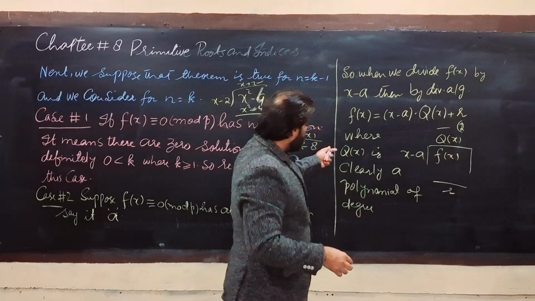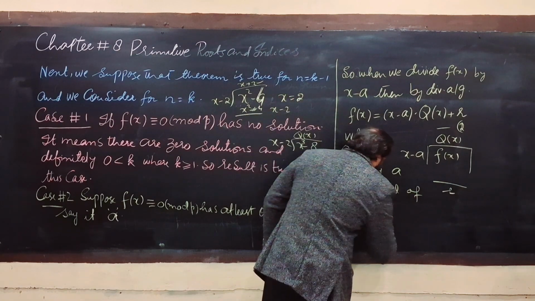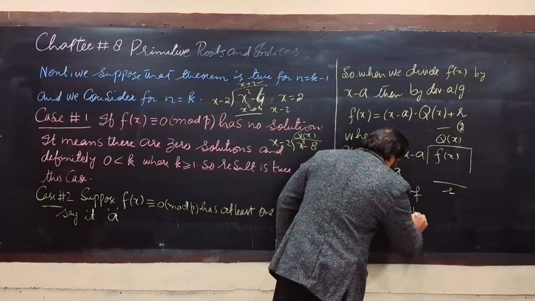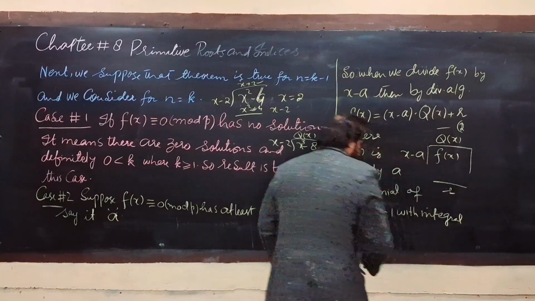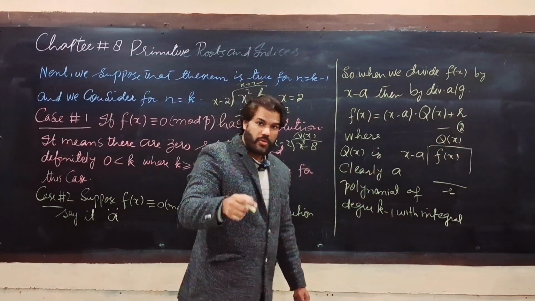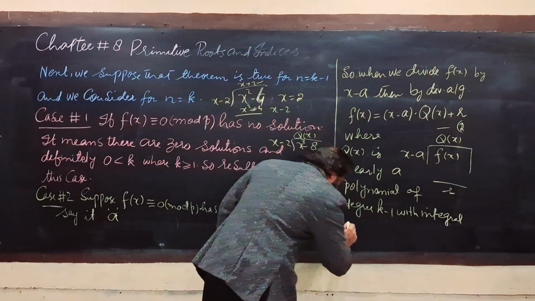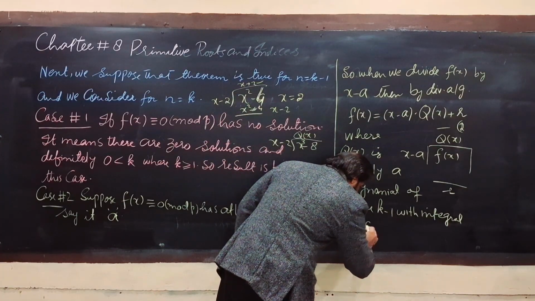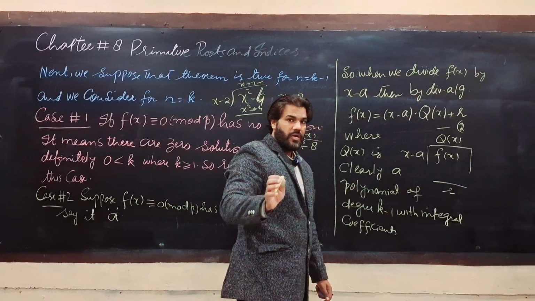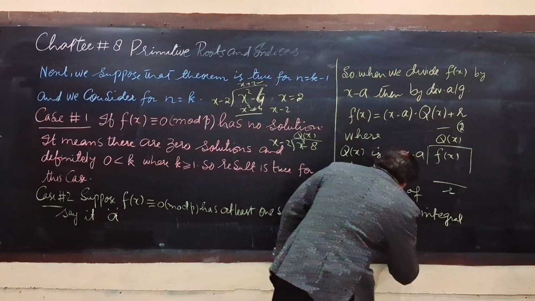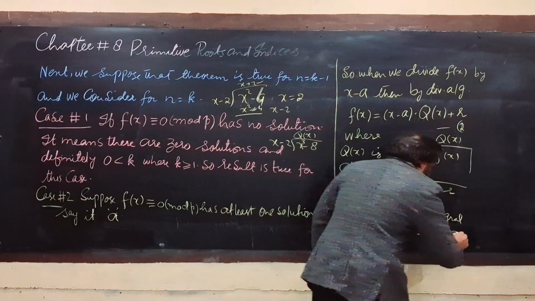Okay, so q of x is clearly a polynomial of degree k minus 1 with integral coefficients, because f of x is itself an integral coefficients polynomial, so q of x will also have integral coefficients, and r is a remainder which will always be an integer.